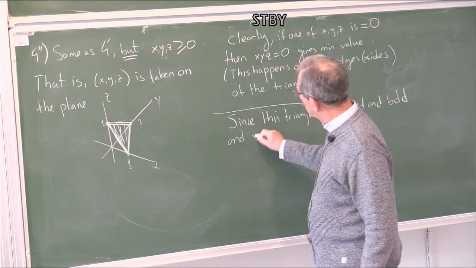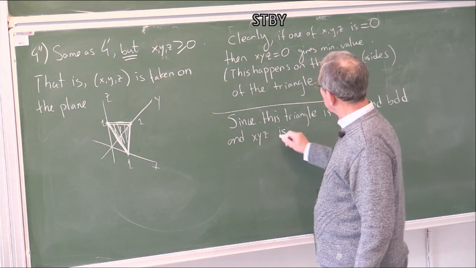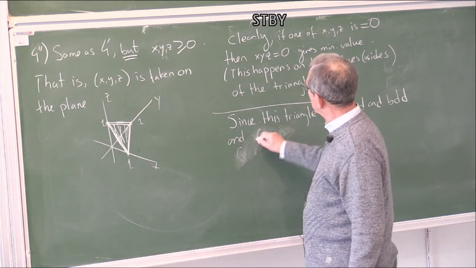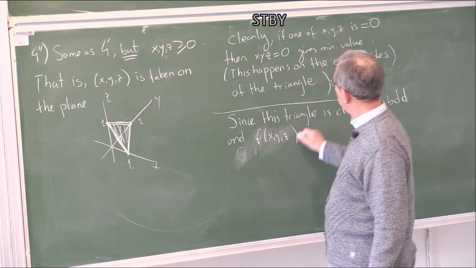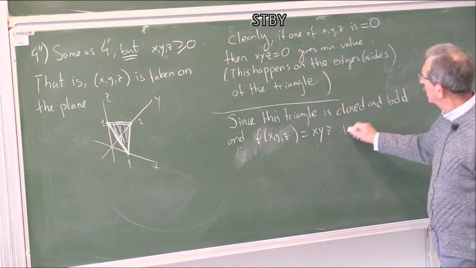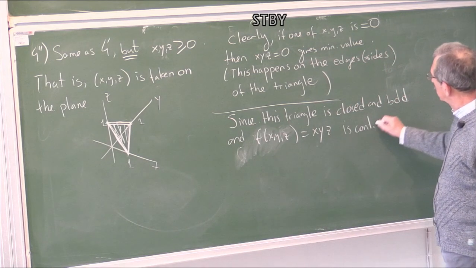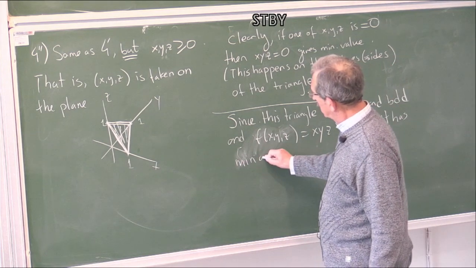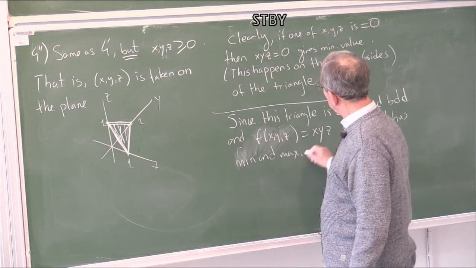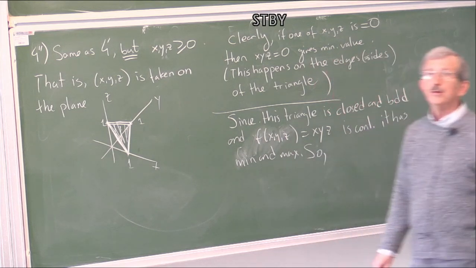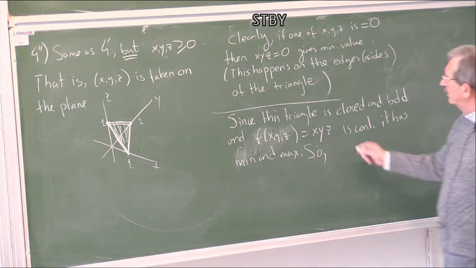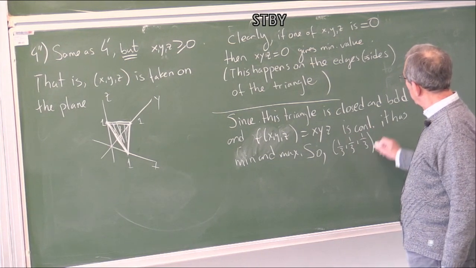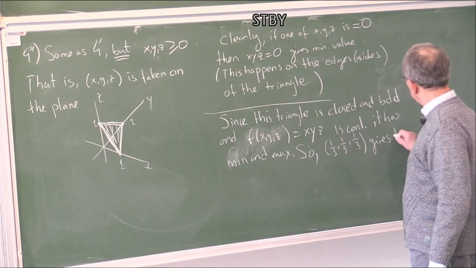And of course, xyz is okay, f of x, y, is continuous. It has minimum and maximum. So, okay, the other critical point, 1 over 3, 1 over 3, 1 over 3 gives the maximum.